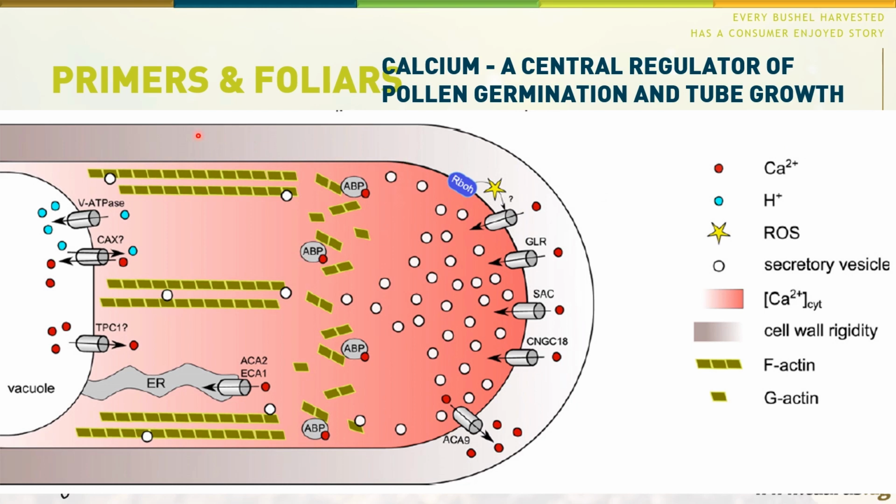And back here we get strengthening of the pollen tube wall so that it can move forward. And this is not very strong. It's not protected because it's got to feed and basically grow as it moves through that transmission tissue.